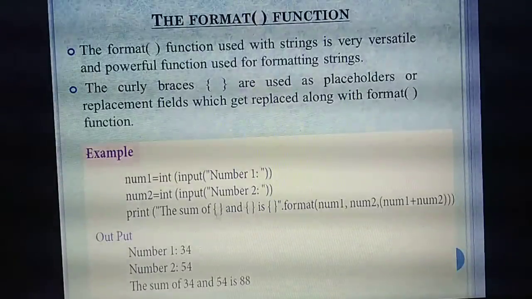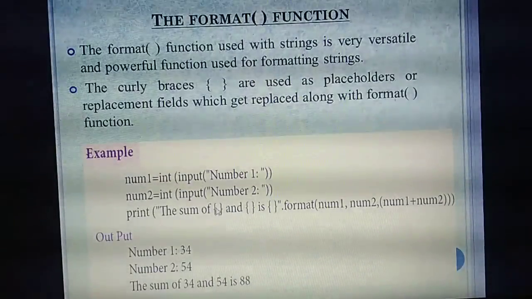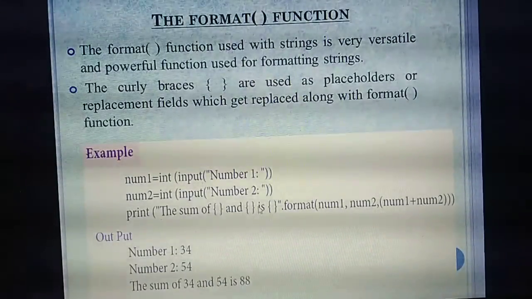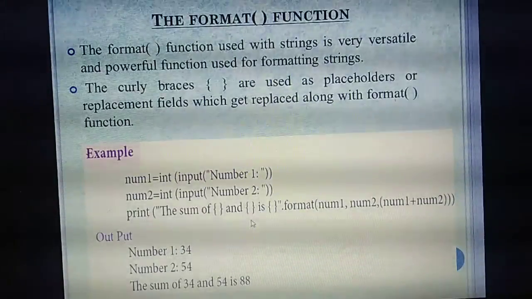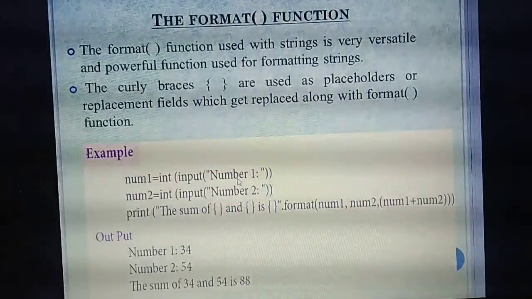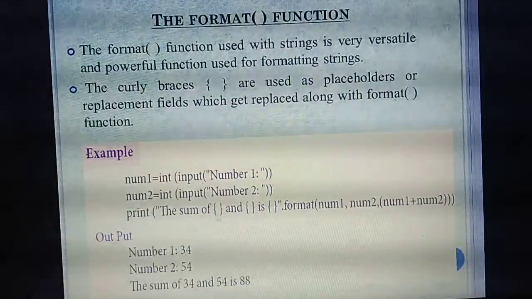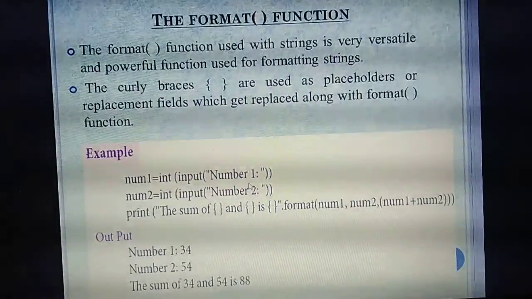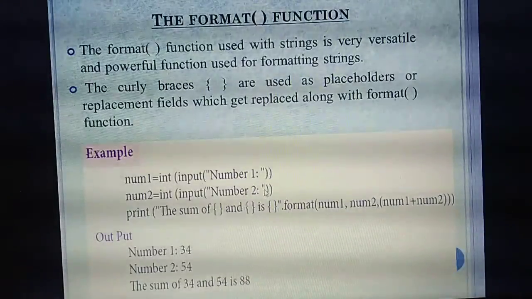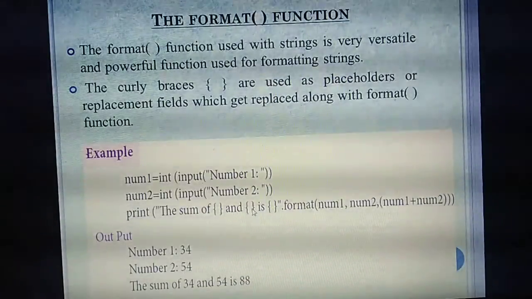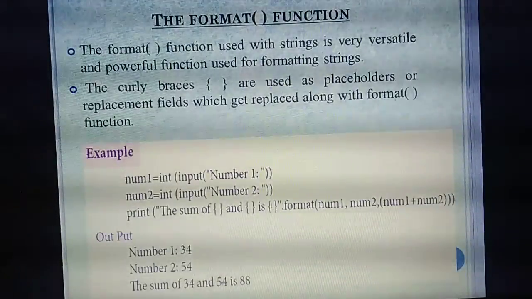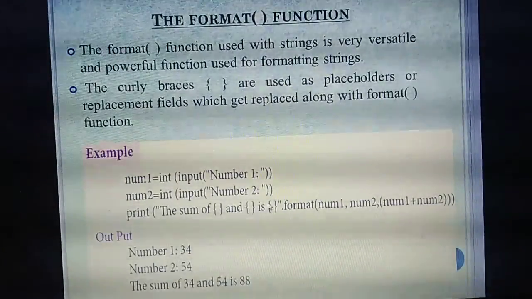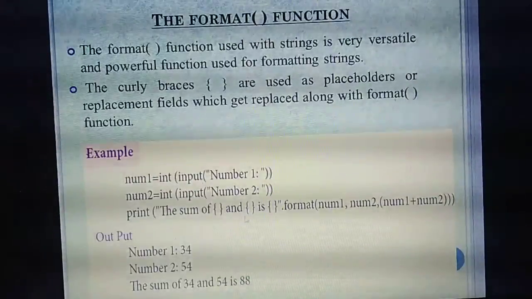The values you give will be held inside the curly braces. The sum of two curly braces, first curly brace and second curly brace. If you enter the first number, that value is taken by the first curly brace, and the second number is taken by the second curly brace. After adding the two numbers, the result will be stored in the third curly brace.